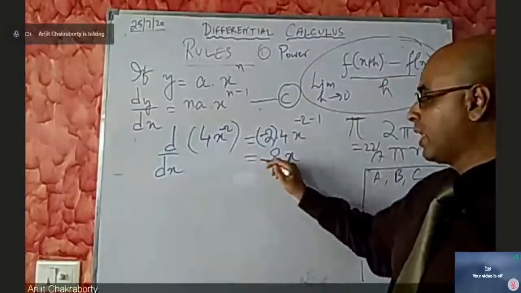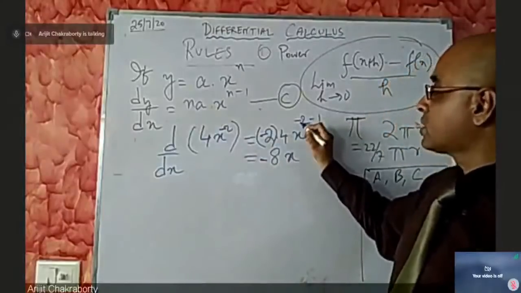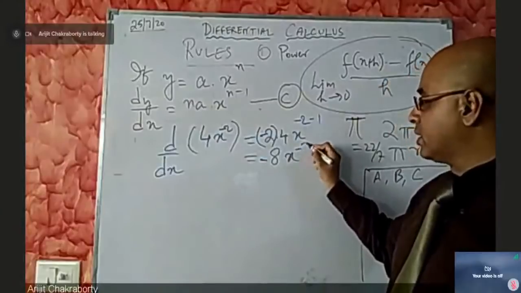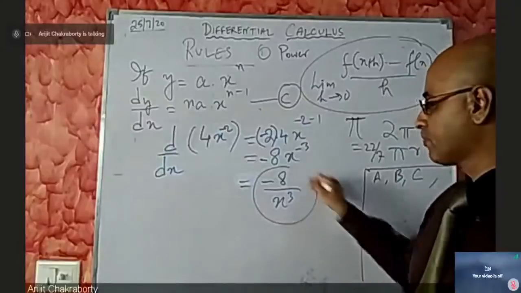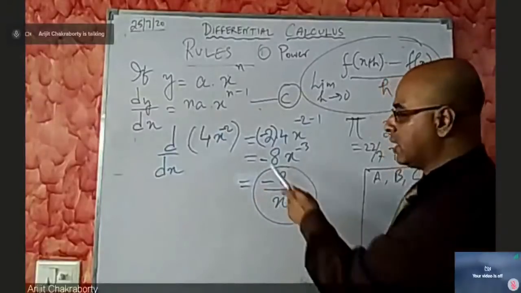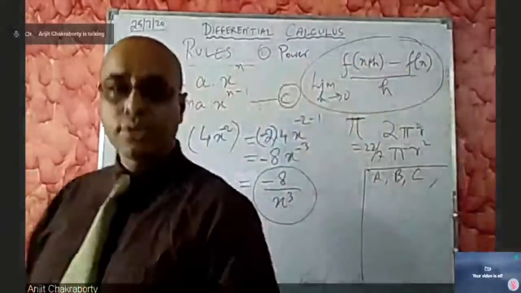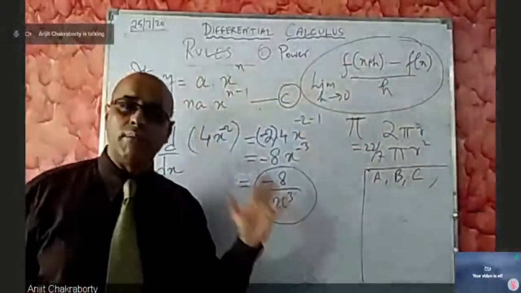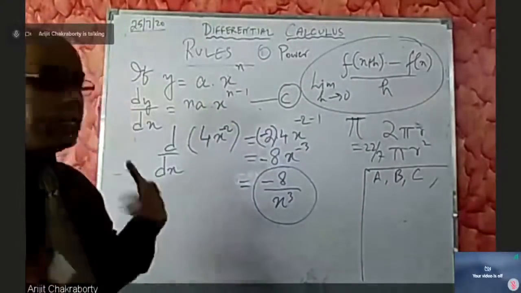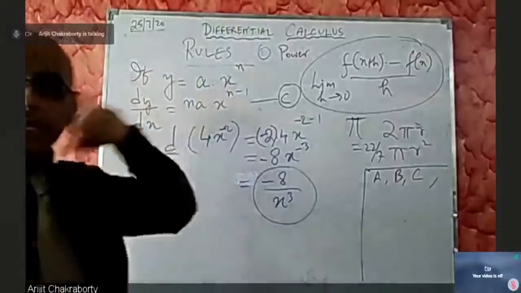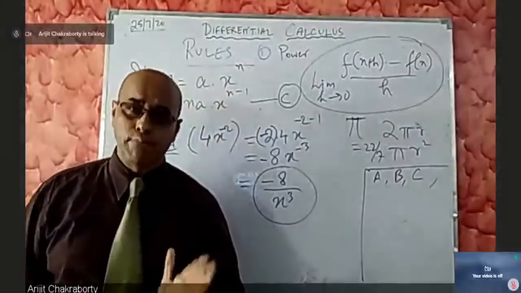So it will become minus 2 into 4, which is minus 8. x to the power minus 2 minus 1 is minus 3. So it will become minus 8 by x cubed, or you can show it as minus 8 x to the power minus 3. Right? So please note this is formula number C and this formula is applicable for any values of n. n can be positive, n can be negative. The same formula will be applicable.